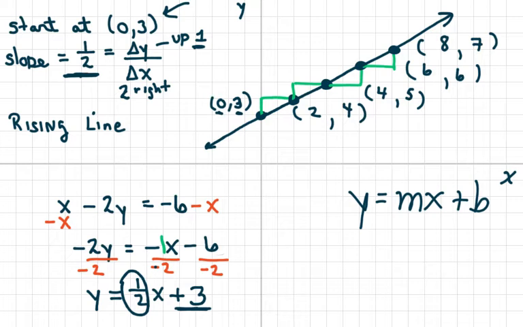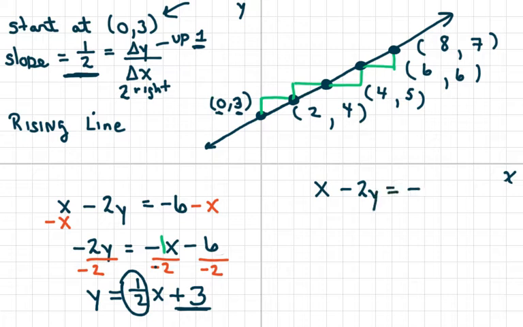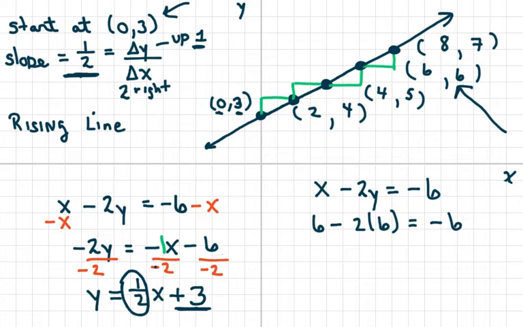And notice, if we take any of these points, and I'm going to go back to the original form of this equation that I had, if we take any of these points that we got using the slope, and I plug them into this original equation, they will work in the equation. They are points on the line.